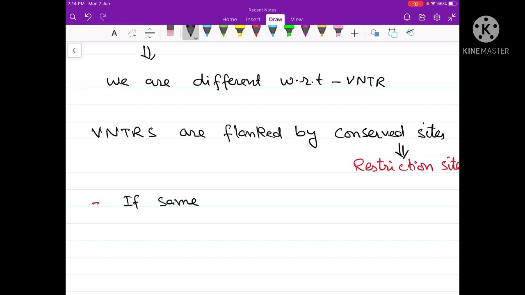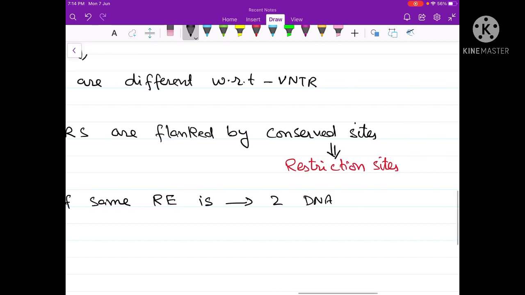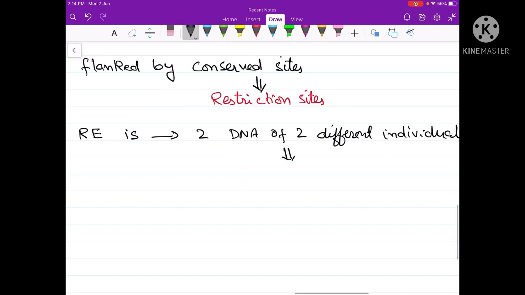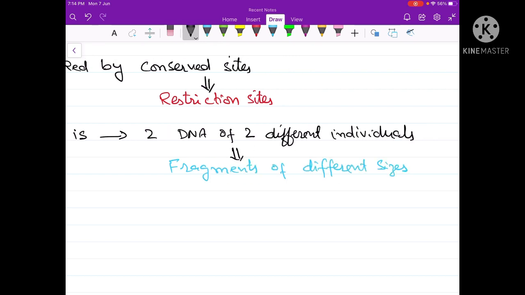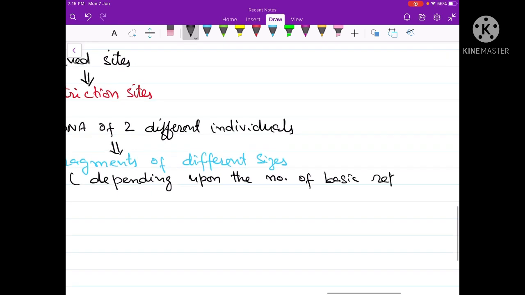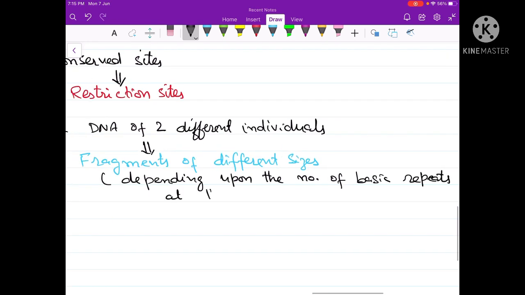Therefore, if the same restriction endonuclease is used to cut the DNA or the VNTRs of two different individuals, it will result in the production of different sized fragments. Fragments of different sizes will be obtained depending upon the number of basic units present at each VNTR locus, which can range from 2 to 200.